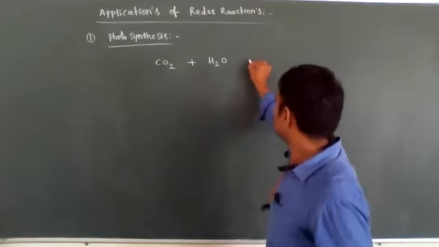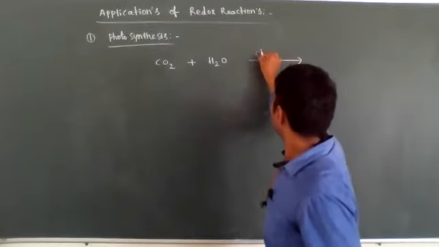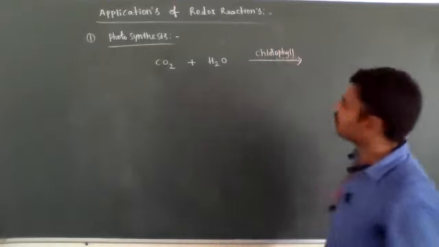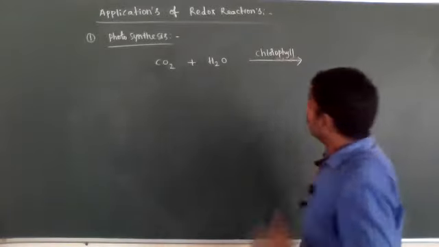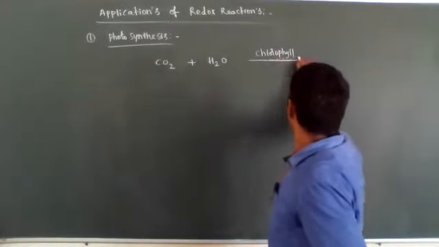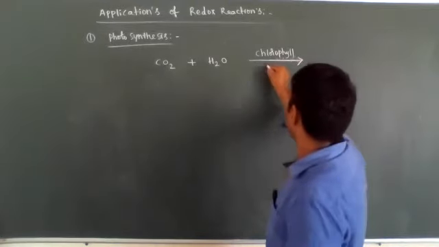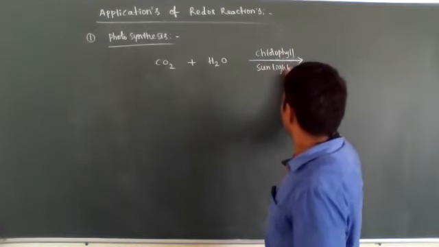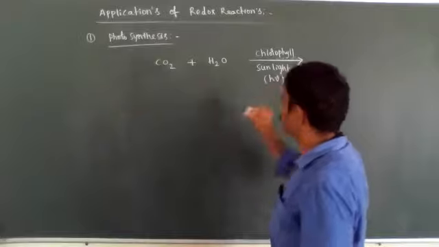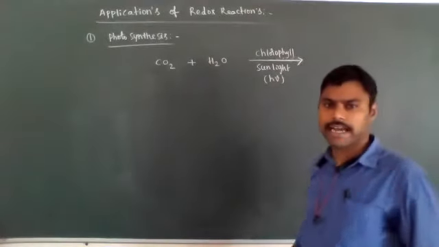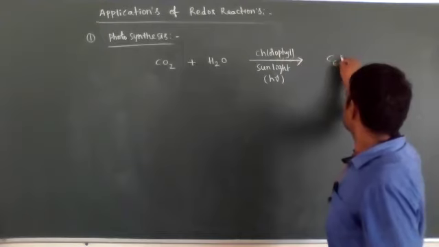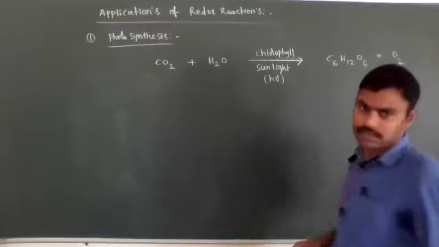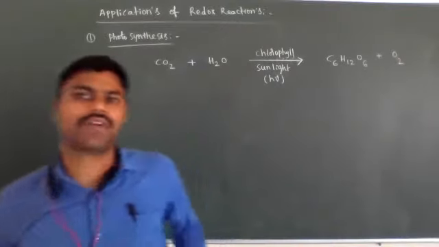Both, in the presence of chlorophyll and sunlight, sunlight symbol h nu, energy, are converted into C6H12O6 and liberate oxygen.